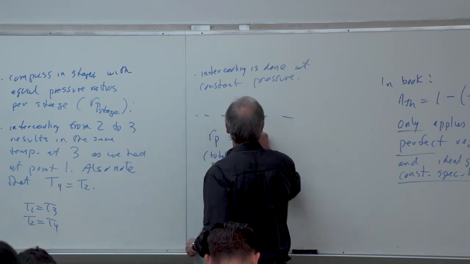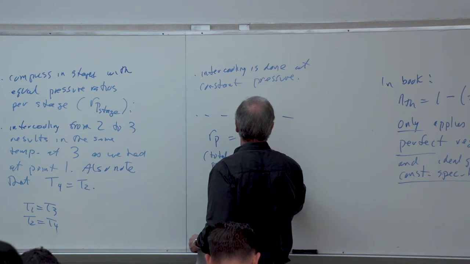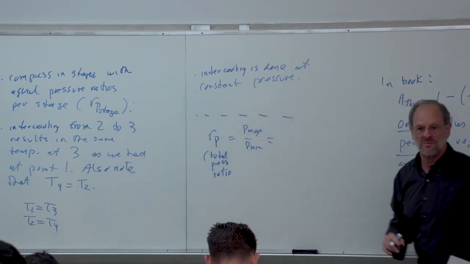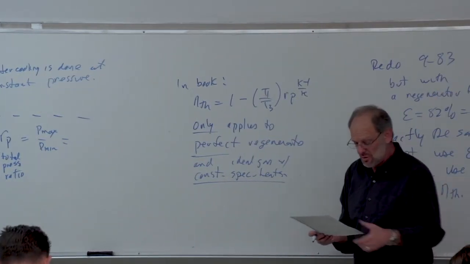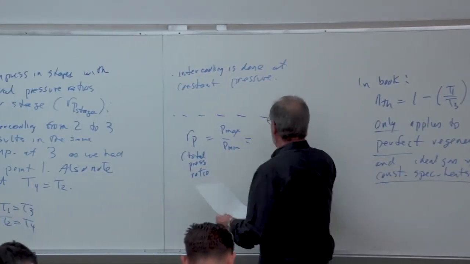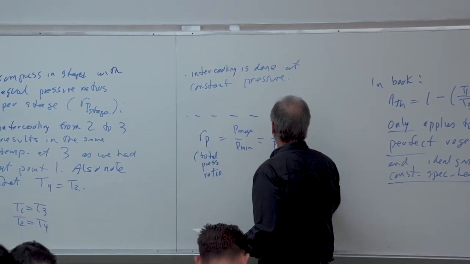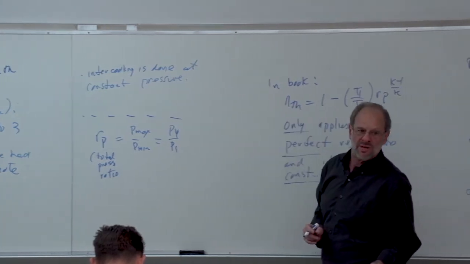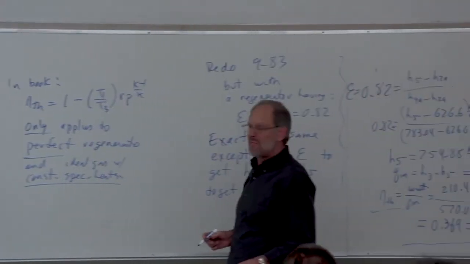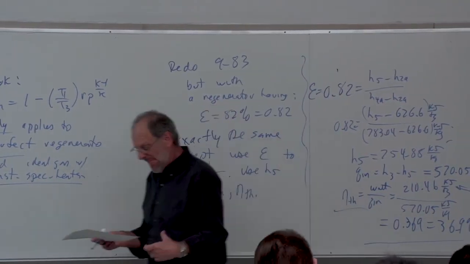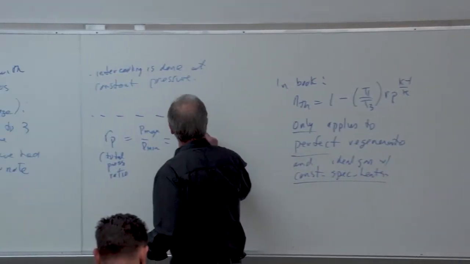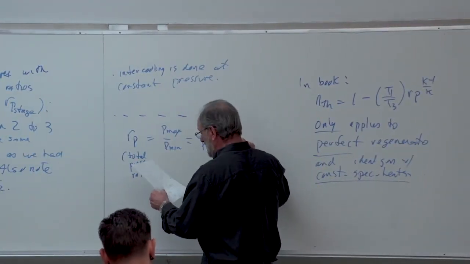It's just going to be the maximum over the minimum pressure in the cycle. Without the subscript stage, this would be the total. So we could just write this as P4 over P1 if we wanted to, right? P4 is representative of the maximum, and P1 represents the minimum. I can also multiply and divide by P3.